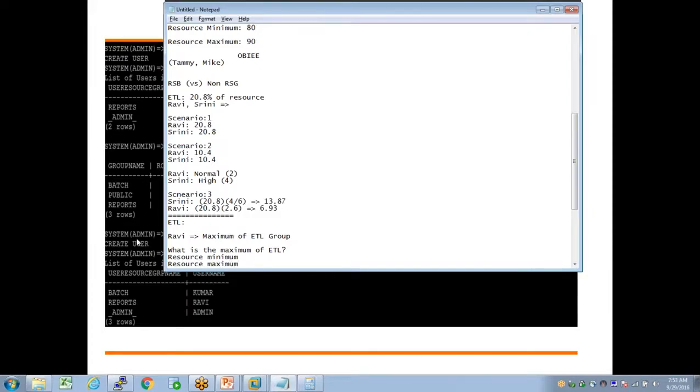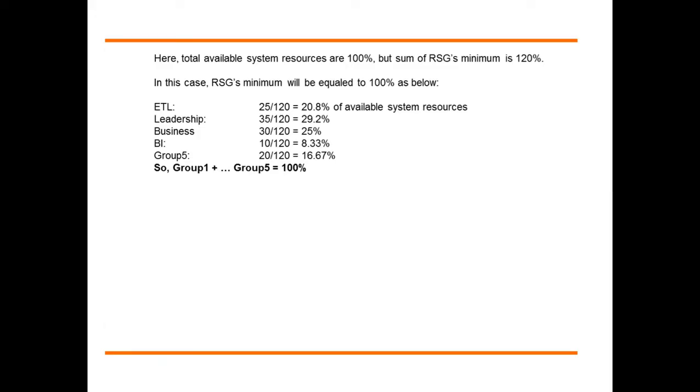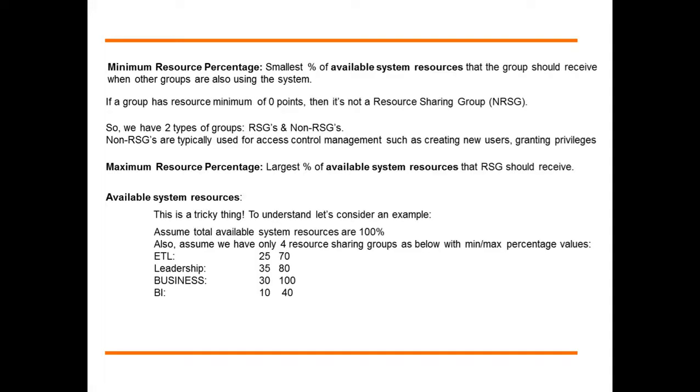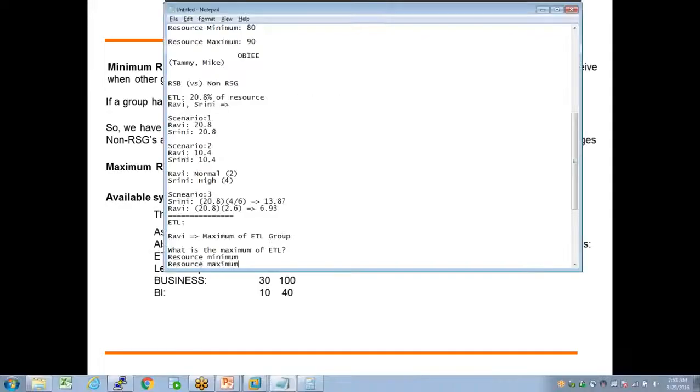If I go back here, in the ETL group the minimum is 25. The maximum I specified here is 70. If none of the other groups are using it, you can scale up to 70.